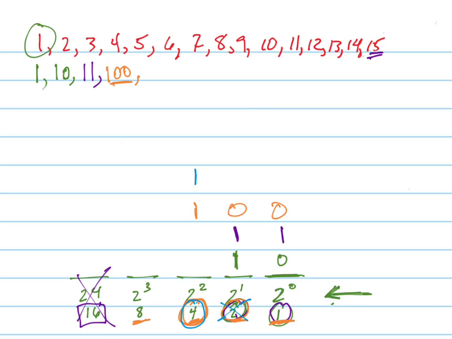Nope, I don't. I need a 1. I need this one, a 2 to the 0. So I need 0 of these, and I need 1 of these. So I need 1, 0, 1. That's my number. That's 5 written in base 2. 101.